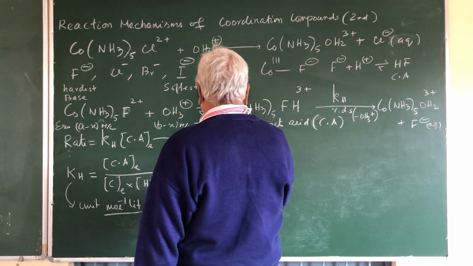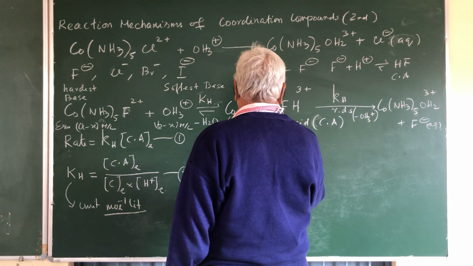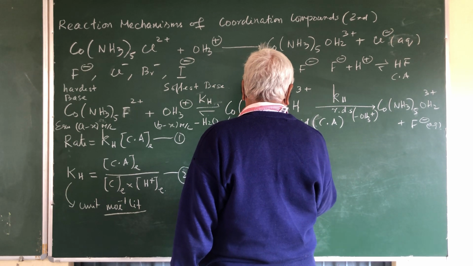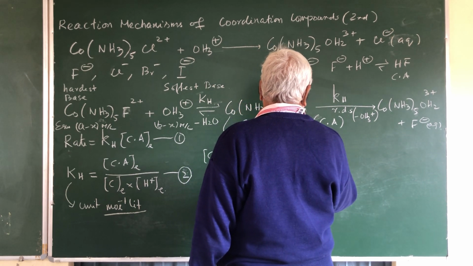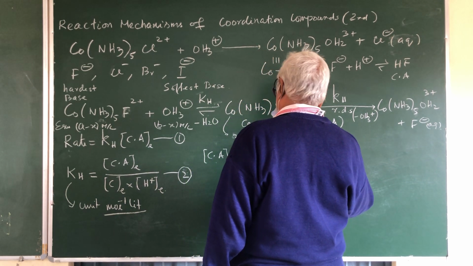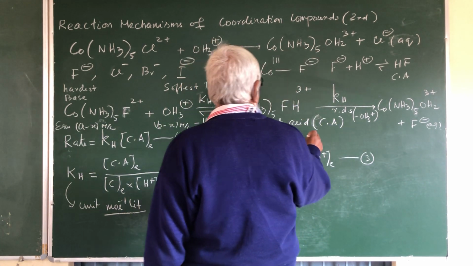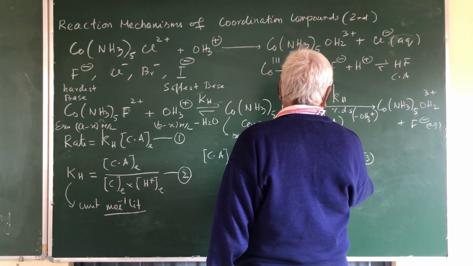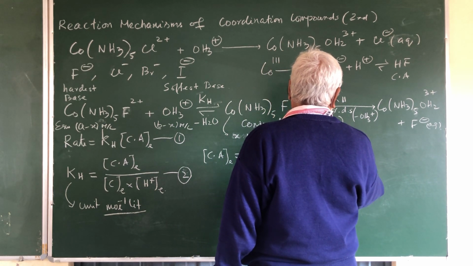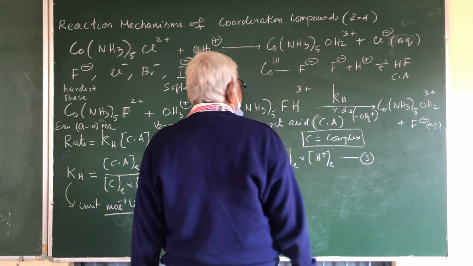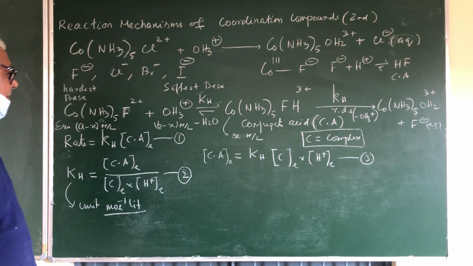So conjugate acid equilibrium will be KH into complex equilibrium into H plus equilibrium. Here C stands for complex. Let it be clear, C stands for complex.